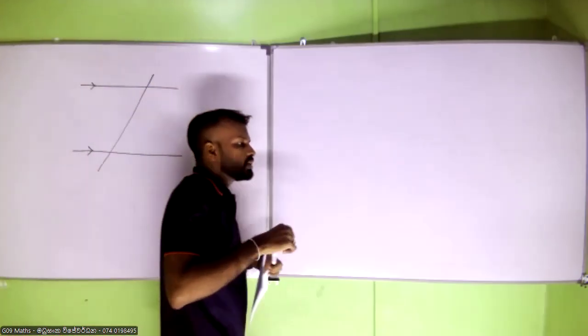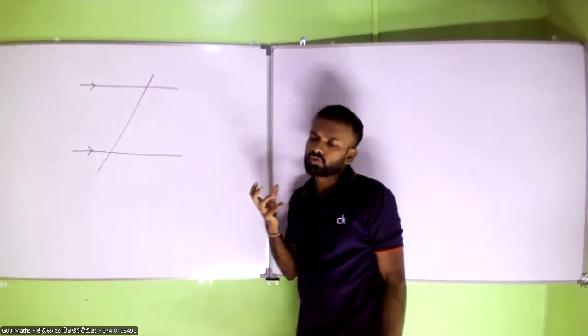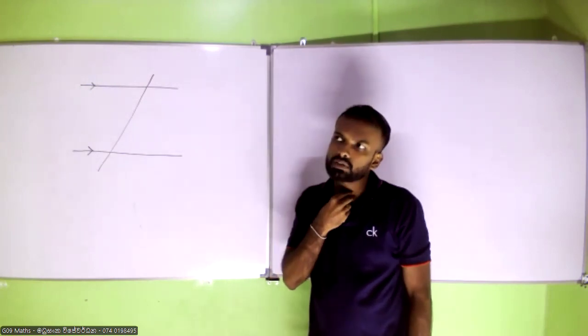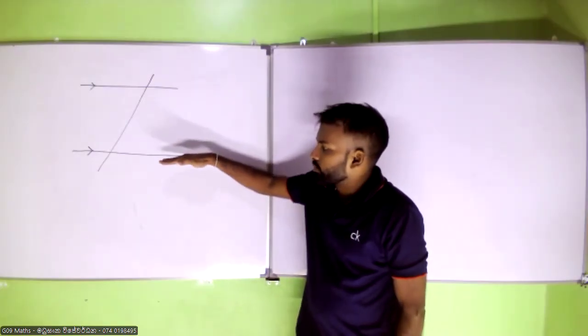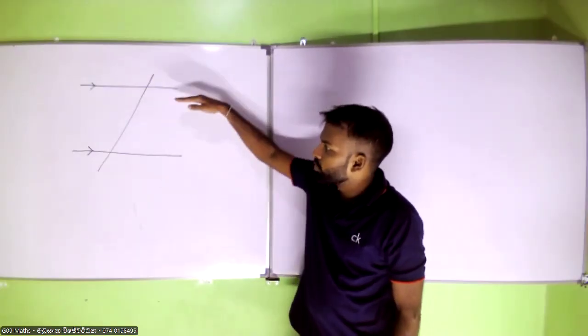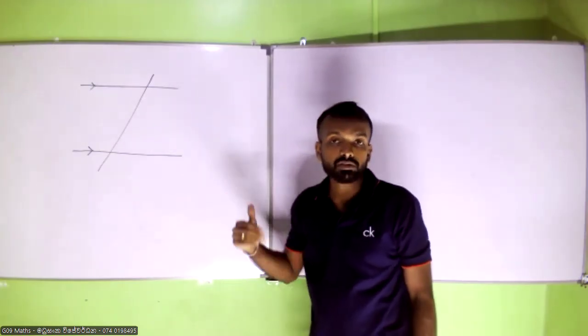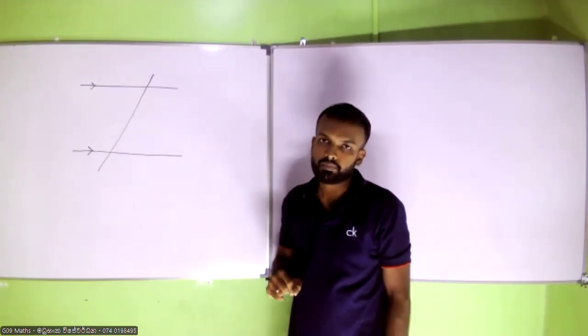If someone asks you, what is called a transversal? When two or more straight lines are crossed by another straight line, then this straight line is called a transversal.